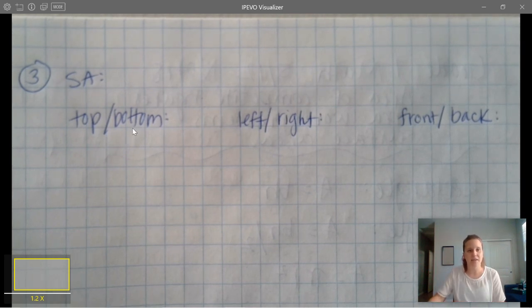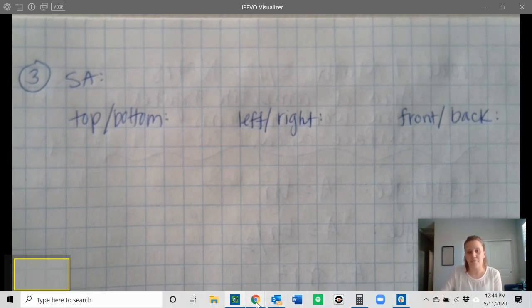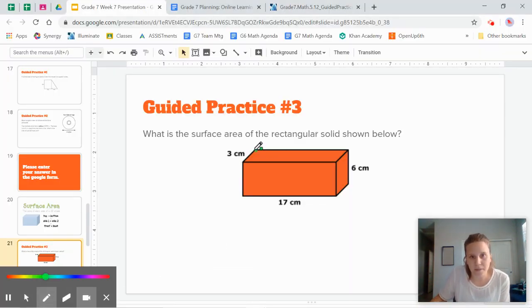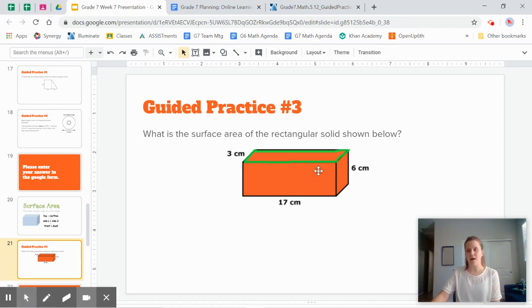So let's go ahead and figure out the area of the top and bottom first. The top and bottom look like this. Hey, I'm getting better at this pen, you guys. Not bad, pretty proud of that. Okay, so here's the top, and remember the bottom's the same. What are the dimensions of this face?